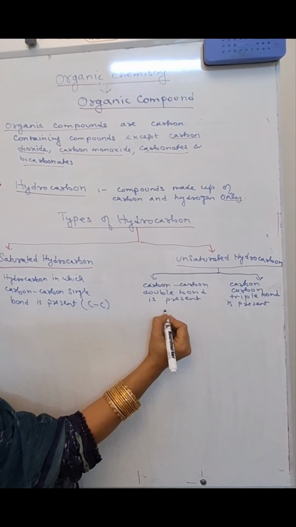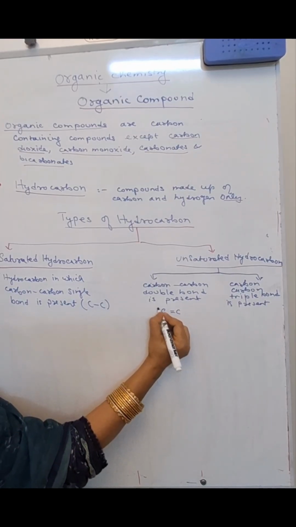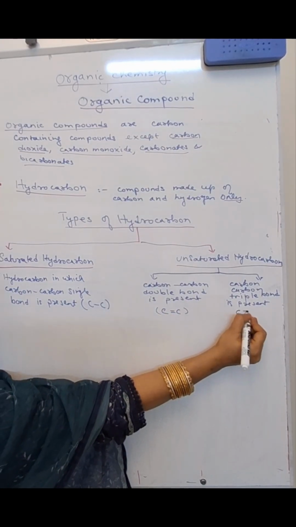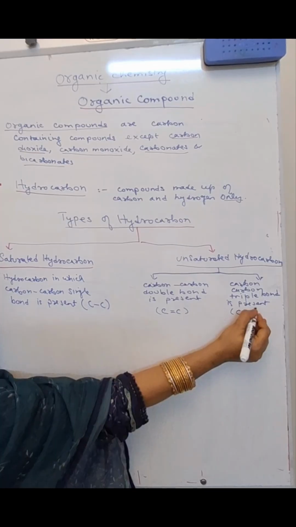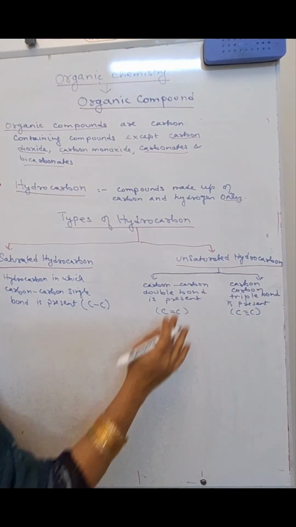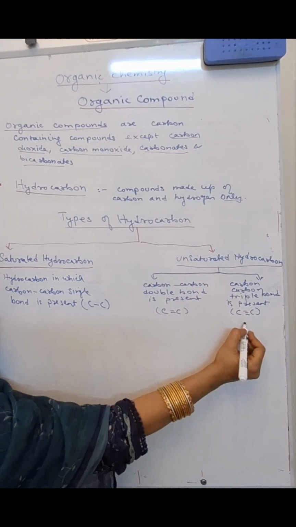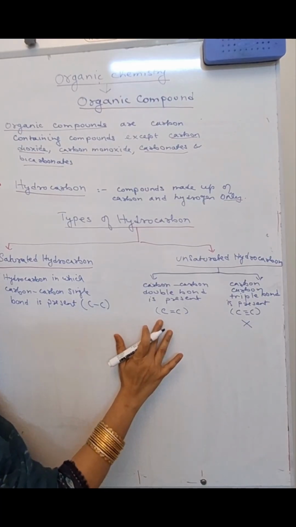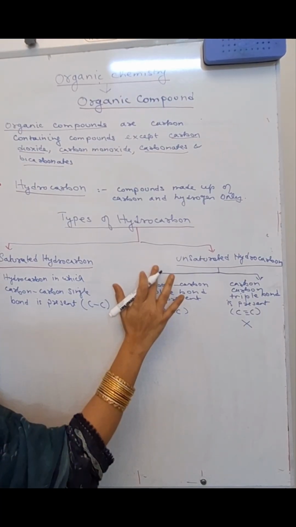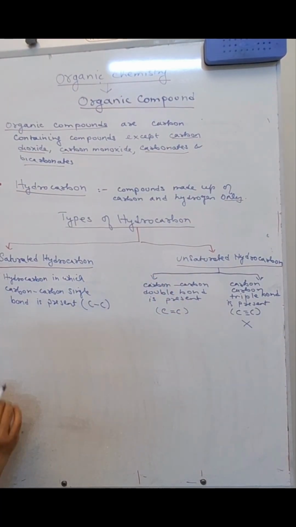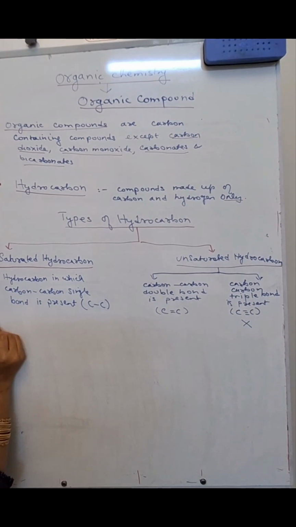Now, carbon-carbon double bond is represented like this, whereas carbon-carbon triple bond is represented like this. So, in our class, we will not deal with triple bond. We will just deal with carbon-carbon double bond in the unsaturated hydrocarbon category. Okay.